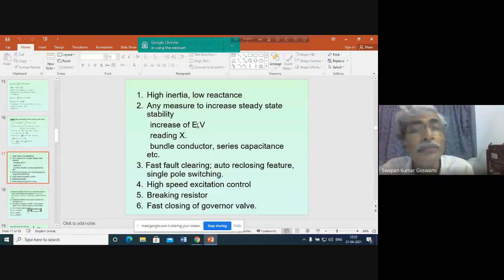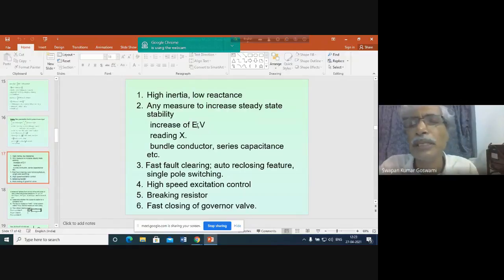Then the peak of the power angle curve will increase, and obviously the system steady state stability will increase, and increasing steady state stability will help improving transient stability also. Why?